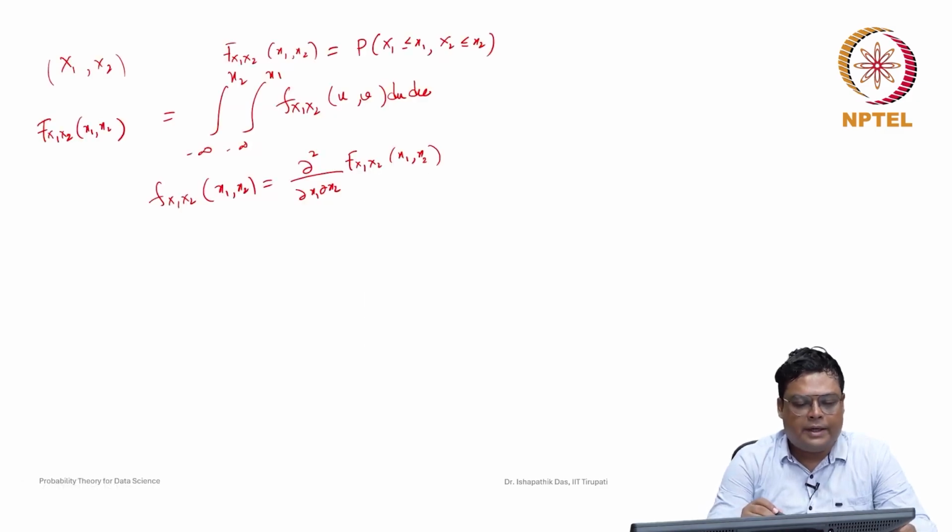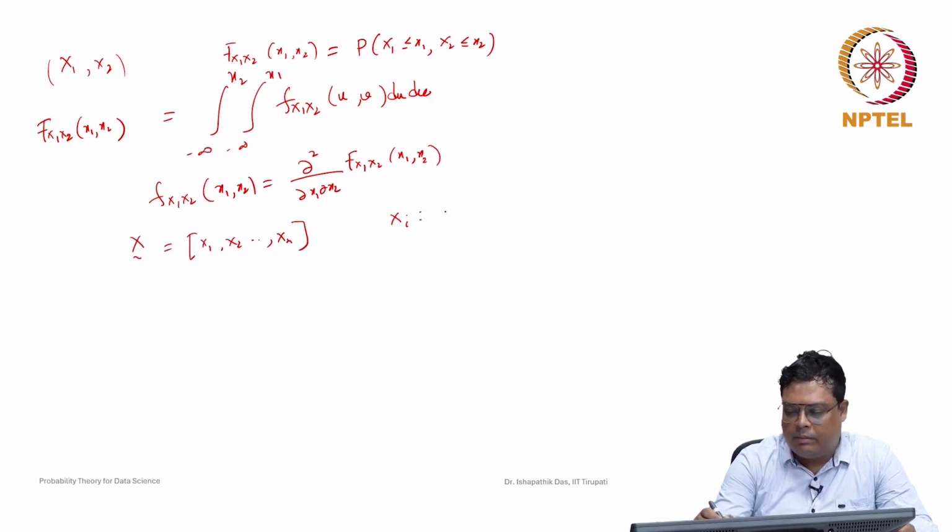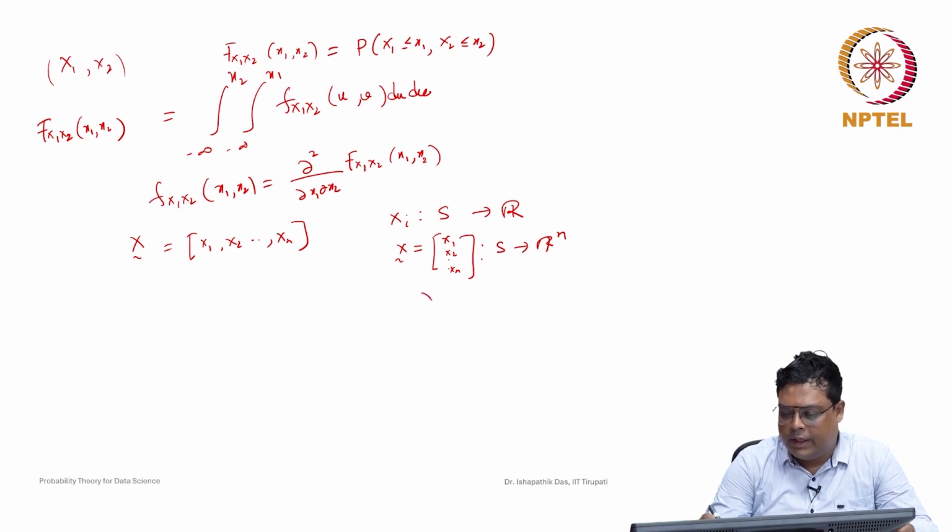Similarly, when we extend to a multivariate random variable with n random variables X1, X2, ..., Xn, we consider X as a vector, where each Xi is a measurable function from S to R. So this vector is a random vector, a function from S to Rn, defined by X(s) equal to X1(s), X2(s), ..., Xn(s).